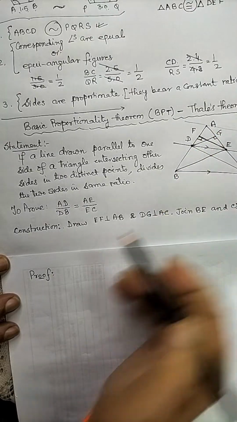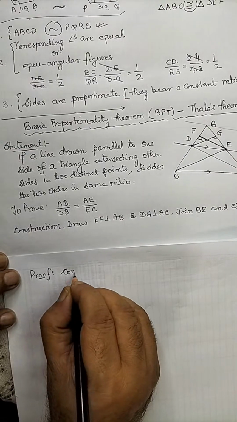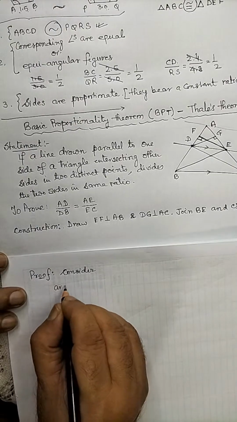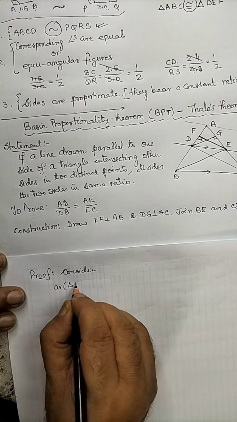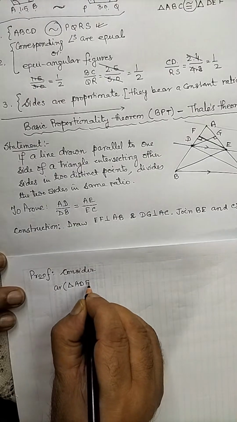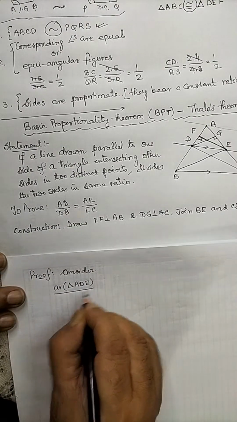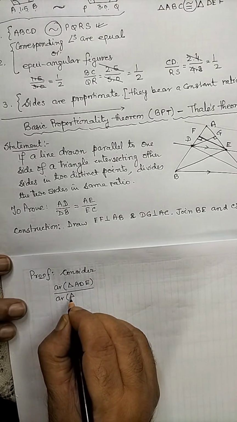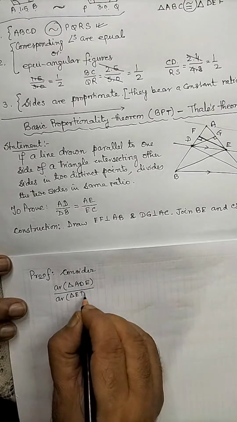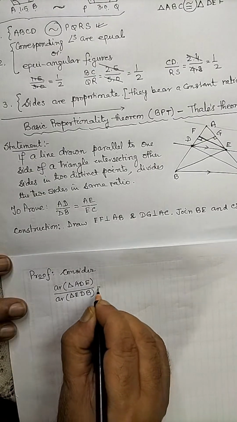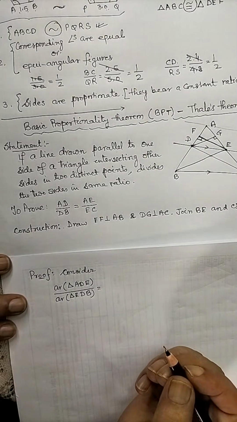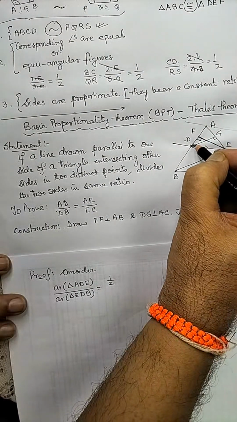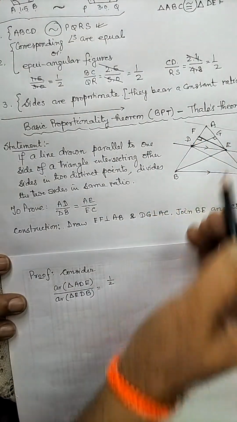We will just consider area of triangle ADE upon area of triangle EDB. Now as we know, area of a triangle is half base into height. Let me take AD as base, then EF is the height.